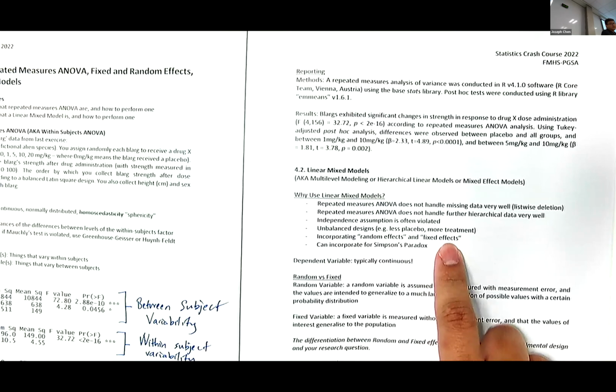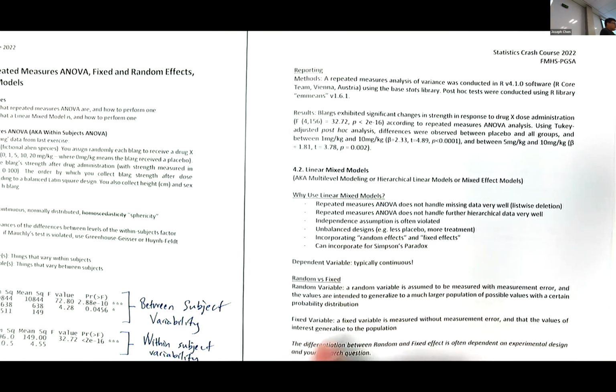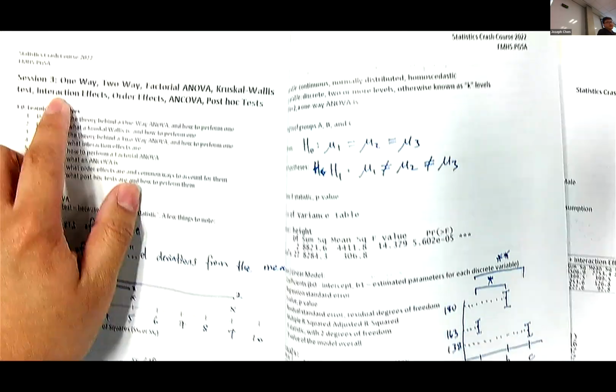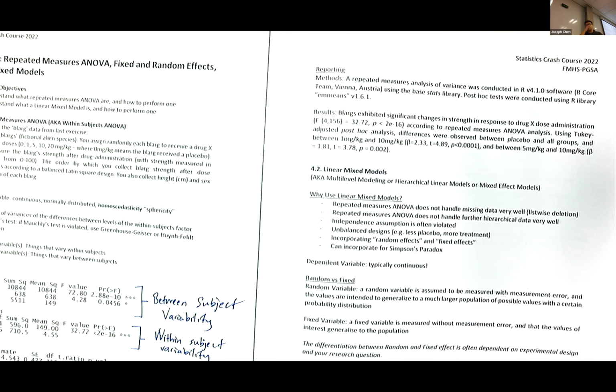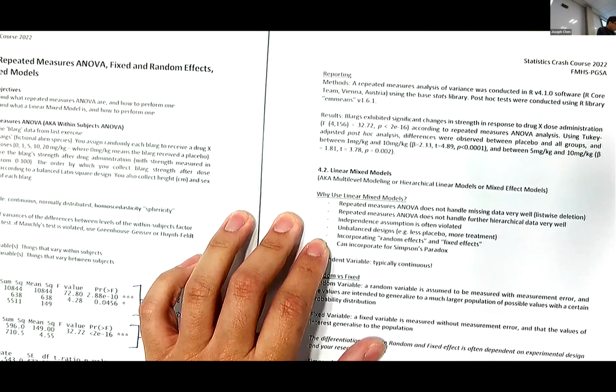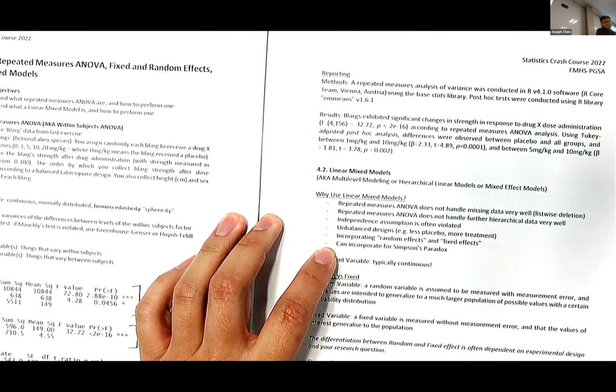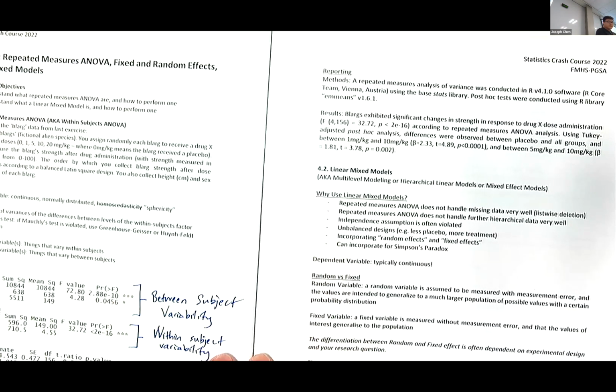If it only incorporated fixed effects and you had no random effects, then what you're doing is exactly the same as what I've been explaining: one way, two way, and so on. And when I say one way, two way, I just mean one independent variable, two independent variables, three, four. You could have a 10 way ANOVA, which means 10 independent variables, but generally speaking, that's probably not a good idea. And you can also incorporate Simpson's paradox, which I will explain below.